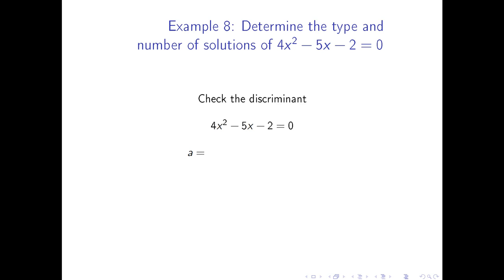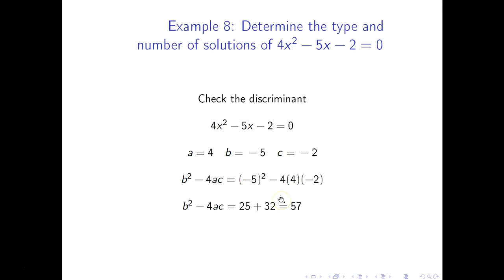So my a is 4, b is negative 5, c is negative 2. Plug those in and we get negative 5 squared minus 4 times 4 times negative 2, which comes out to be 25 plus 32, because notice a minus and a minus. So I end up with positive 57, which is bigger than 0, so I have 2 real solutions.